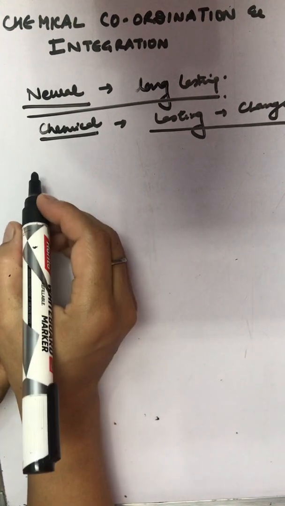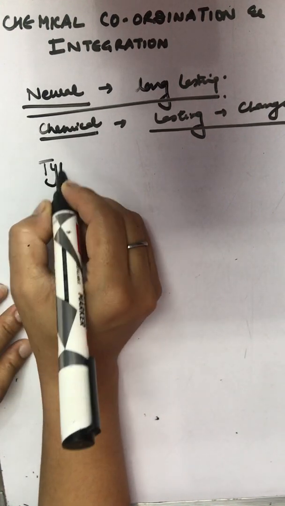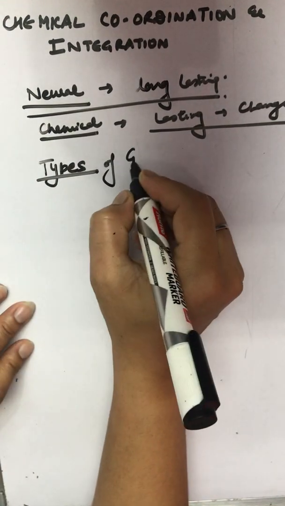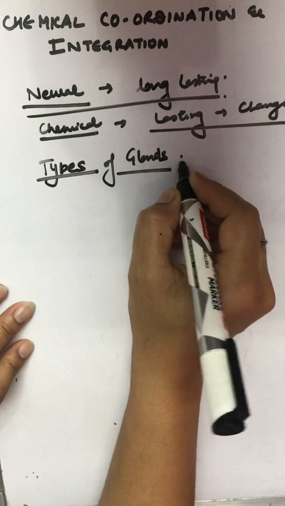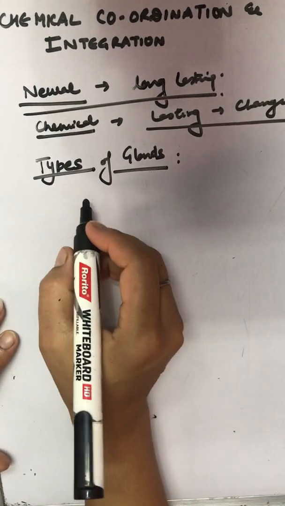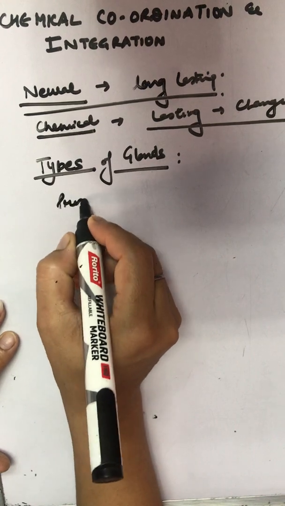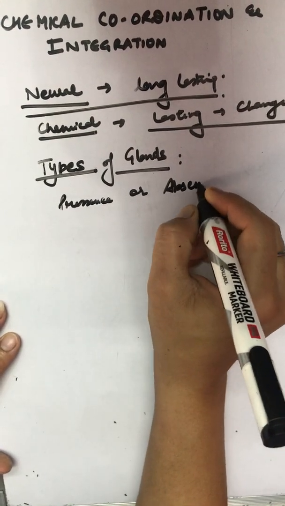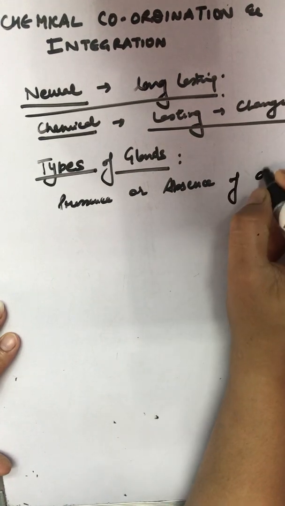Here we say, what is the first thing that we need to know? That is the types of glands. In the vertebrate body, the glands may be classified on the basis of presence or absence of ducts.